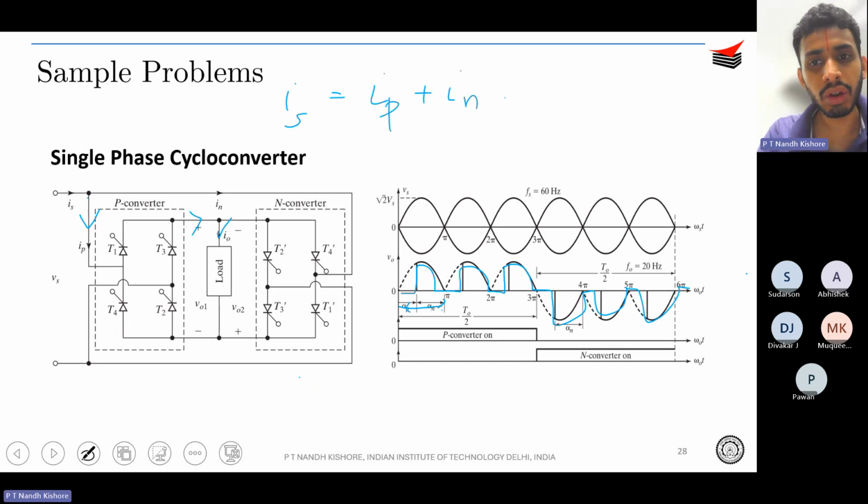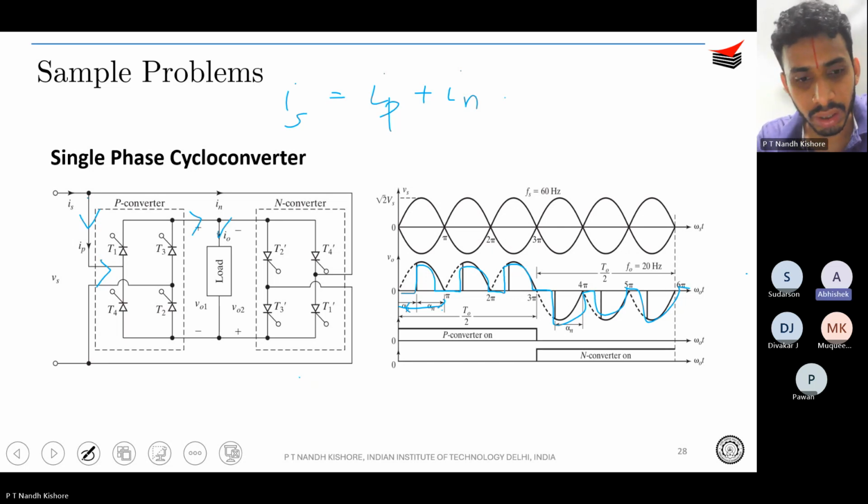Now you see what is the frequency of IP? Can you tell me what the frequency of IP is? So when will IP flow? Abhishek, can you tell me? When will IP flow? For the first 3 cycles, I think. Correct.